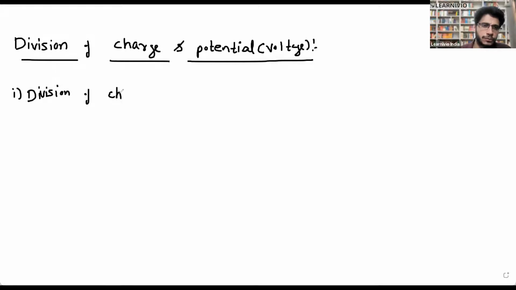Division of charge. Charge divides due to branching. If there is some branching in your system, then the charge will divide. If there is no branching, then charge will not divide.